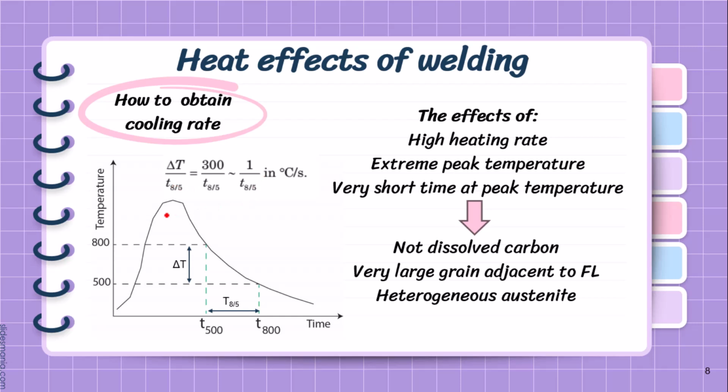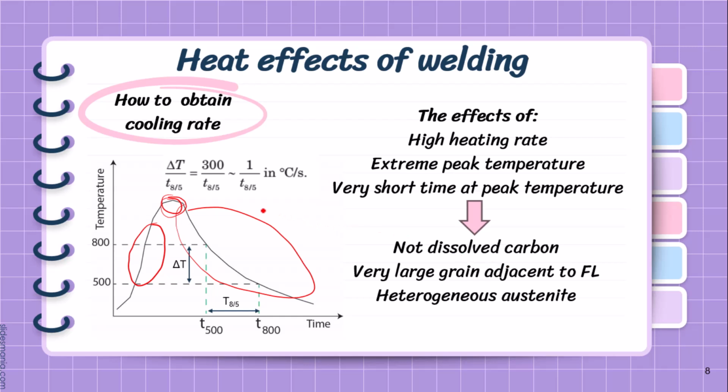The most important parameter in the temperature time history is the cooling rate that we have, and also the peak temperature. The heating rate is also important, but not as important as the cooling rate. During the welding process we have a high heating rate, and also we have a short duration at peak temperature, which causes some phenomena. For example, we have some carbon which is not dissolved completely.